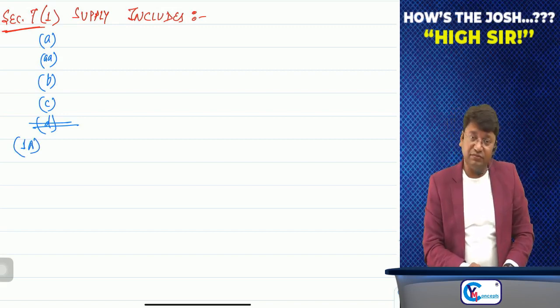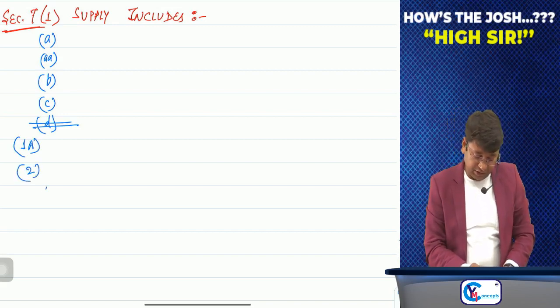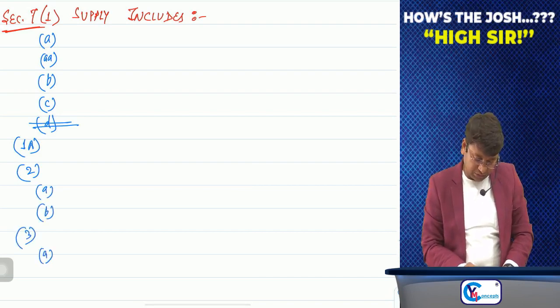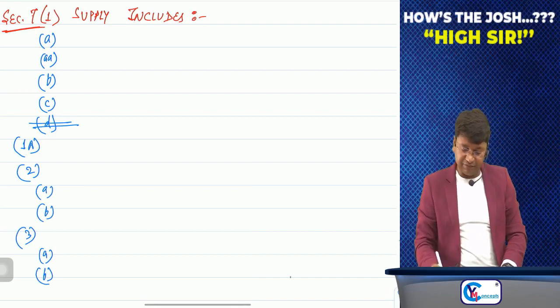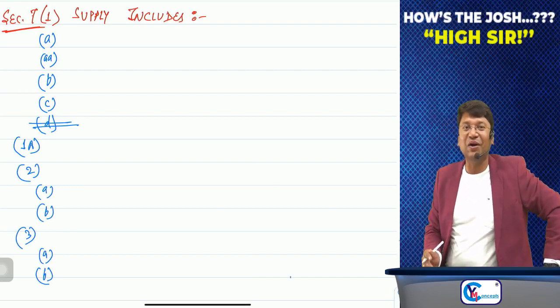Then in subsection 2, clause A and clause B are given, and then in subsection 3, clause A and clause B are given, and then the definition of supply will get over.